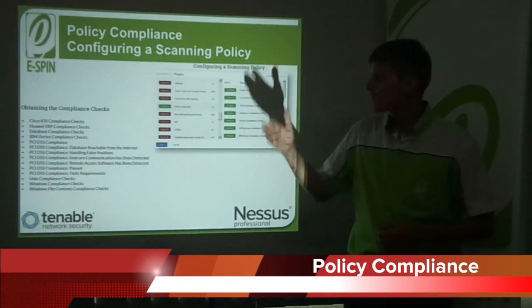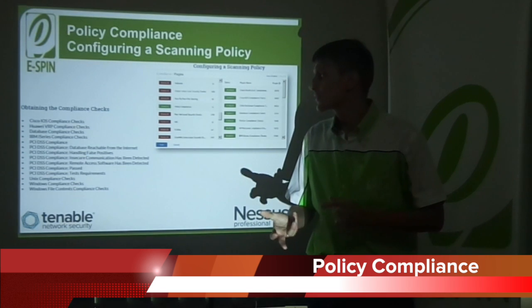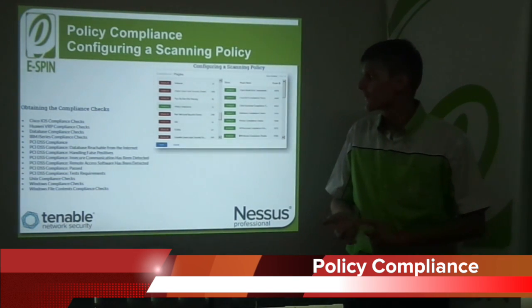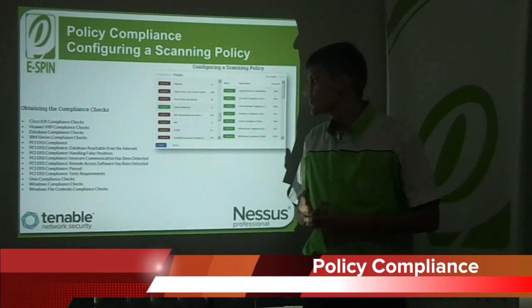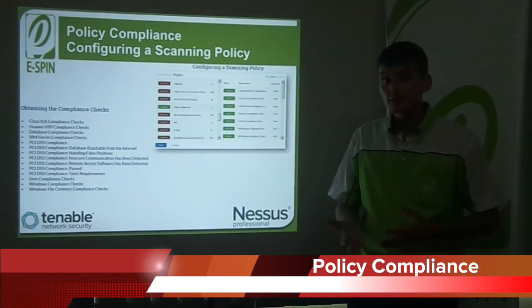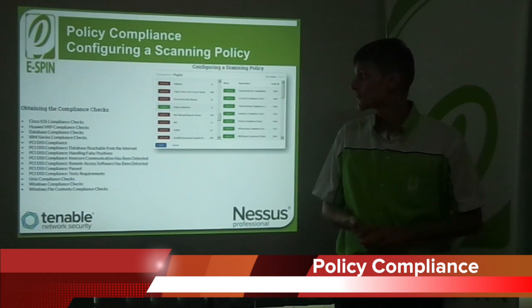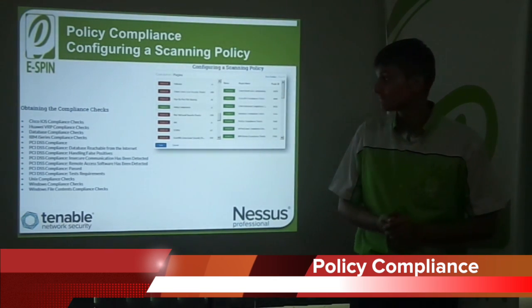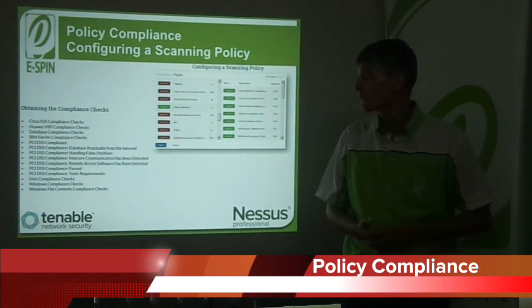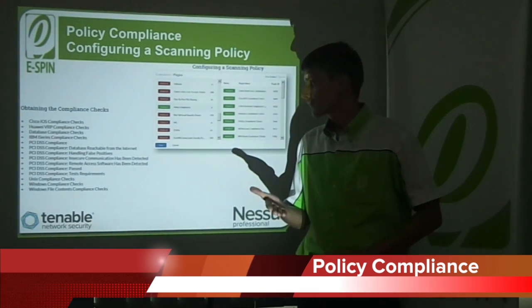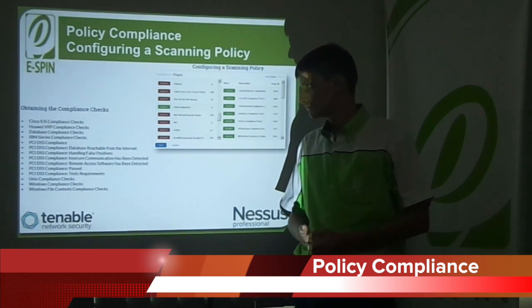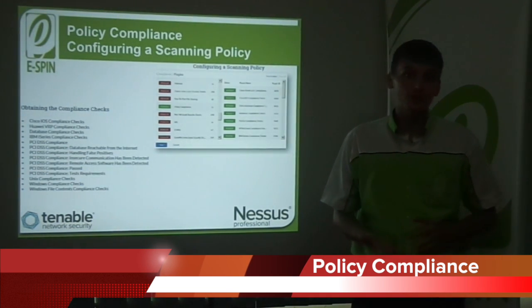And the other points following PCI DSS: database reachable from the internet, handling false positives, insecure communication has been detected, remote access software has been detected, passed test requirements, and the others are Unix compliance checks, Windows compliance checks, Windows file contents compliance checks.